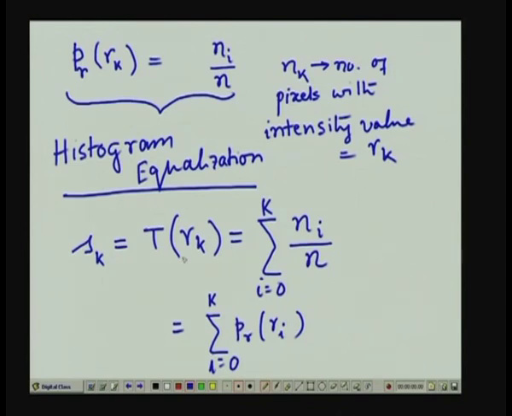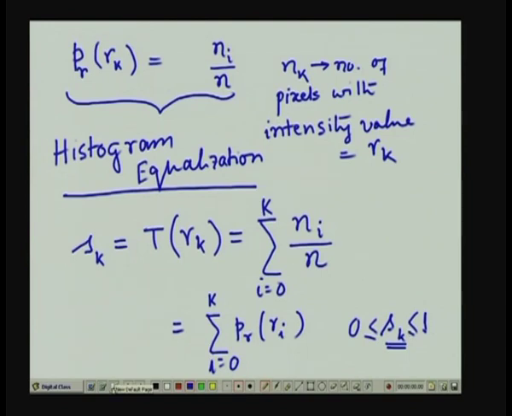Similarly, when this transformation function T(r_k) gives us a value s_k corresponding to an intensity level r_k in the input image, the value of s_k will also vary from 0 to 1. So, the minimum value of the intensity as suggested by this expression will be 0 and the maximum value will be 1.